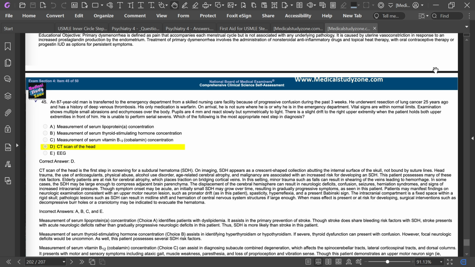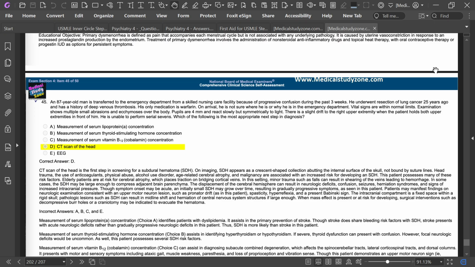Patients may manifest findings on neurologic examination consistent with upper motor neuron lesions such as pronator drift, spasticity, hyperreflexia, and present Babinski sign. The intracranial compartment is a fixed space within the rigid skull.